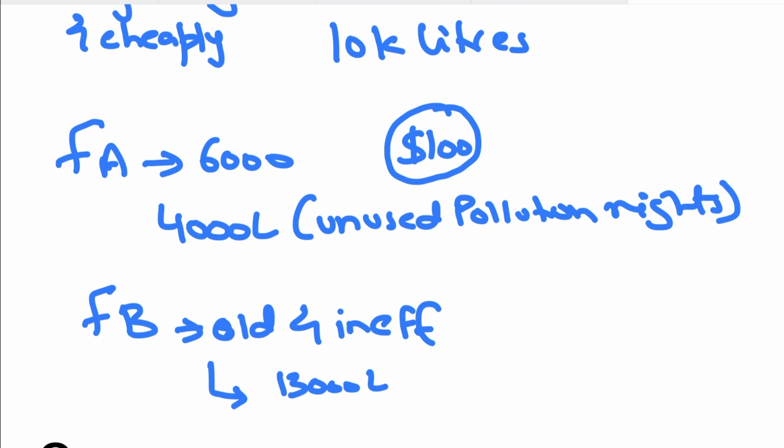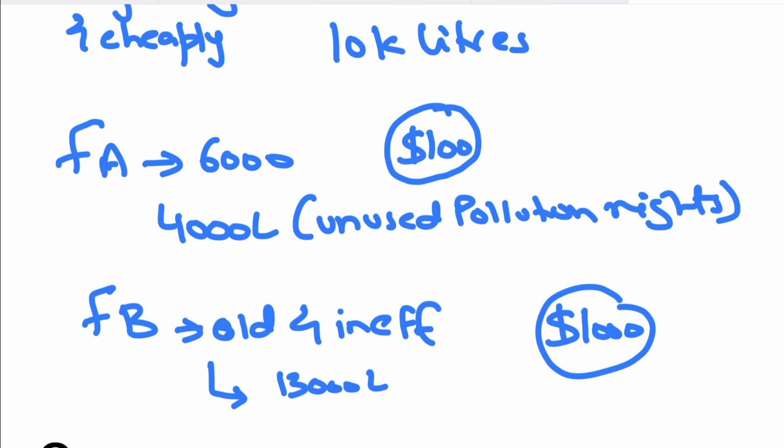Let's say it was very cheap for factory A. So factory A happily reduces pollution and then ends up selling the permits to factory B. While for factory B, reducing pollution was costing $1,000. So it was very expensive. So instead of reducing pollution itself, factory B just ends up buying those extra permits.